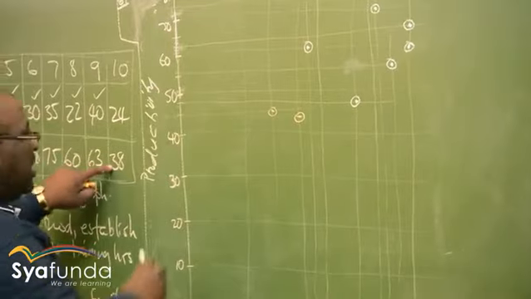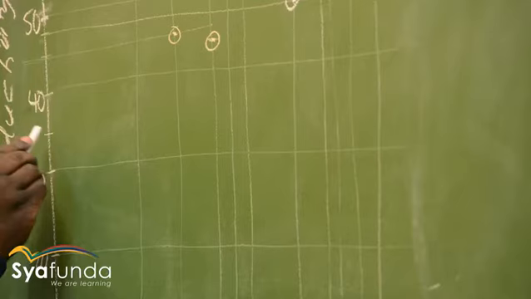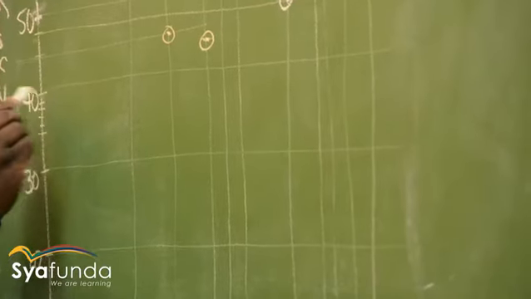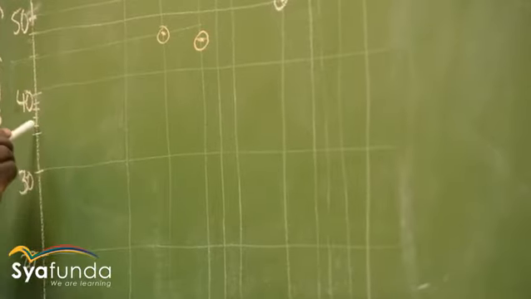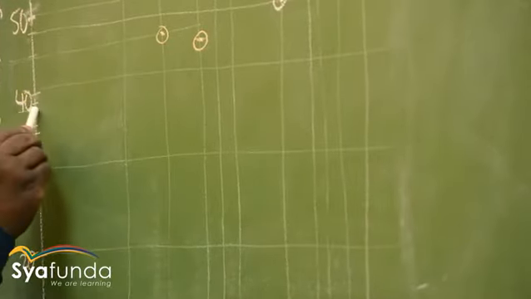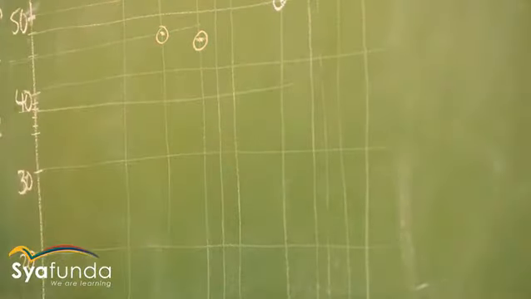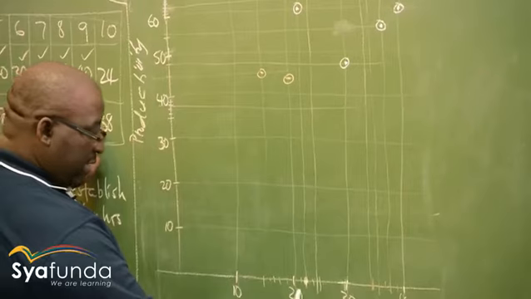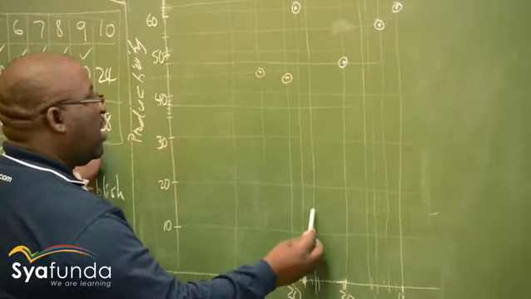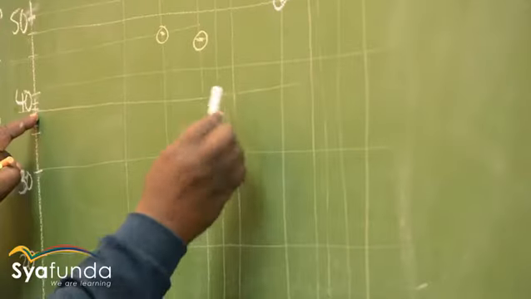Y is 38. If this is 40, this is 35. So I'm looking for 38. 35, 36, 37, 38 will be somewhere there. Remember, it goes with 24. This is 24 and 38. This is the point.